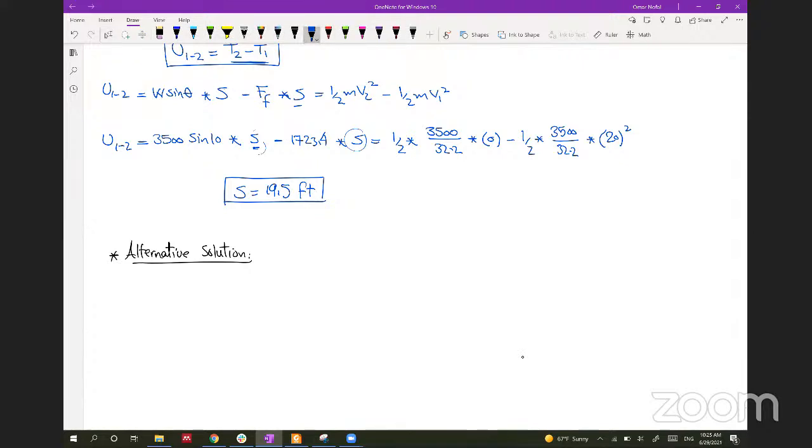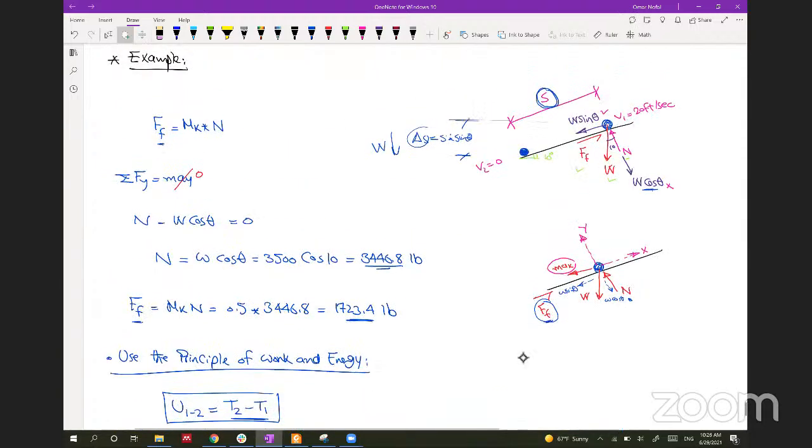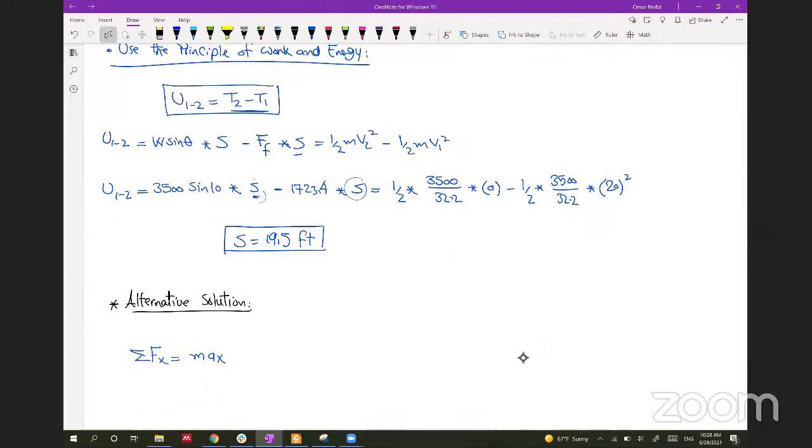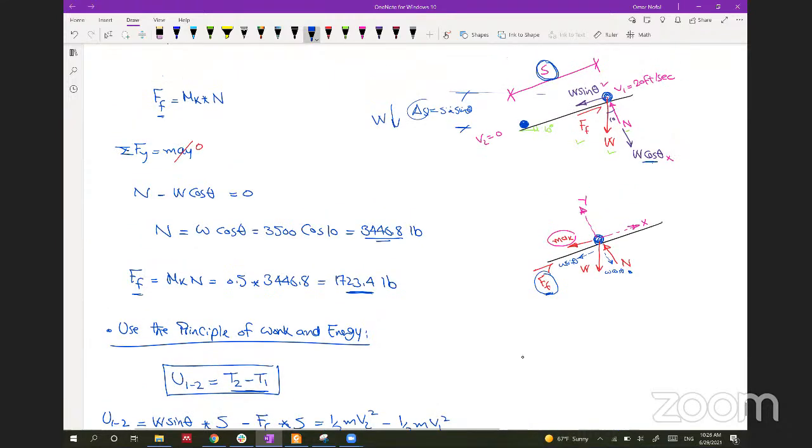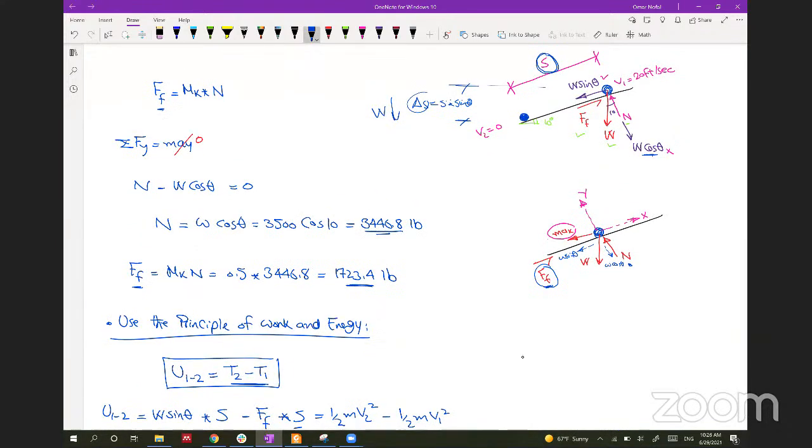So what if we got the sum of forces in the x direction, and it will be equal to Ax. We assume that Ax is in the negative direction, so we'll put here negative. And let's see what are the forces in the x direction. We have the F of friction, and we have the component of the weight in the negative x direction. So we have only these two forces.